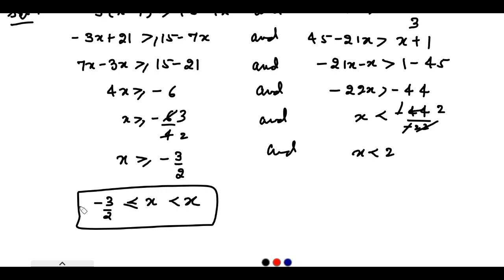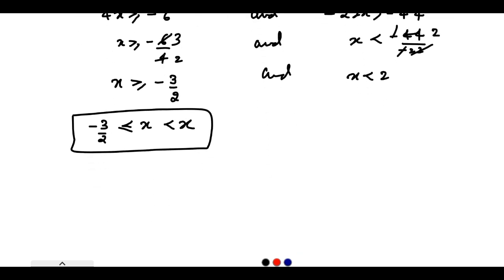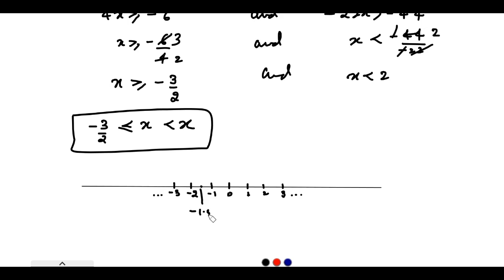Now we are representing it on number line. Minus 3 by 2 means minus 1.5. Suppose this is the point, minus 1.5. Then this is included in our solution because of this equal to sign, so we make a closed circle on this.